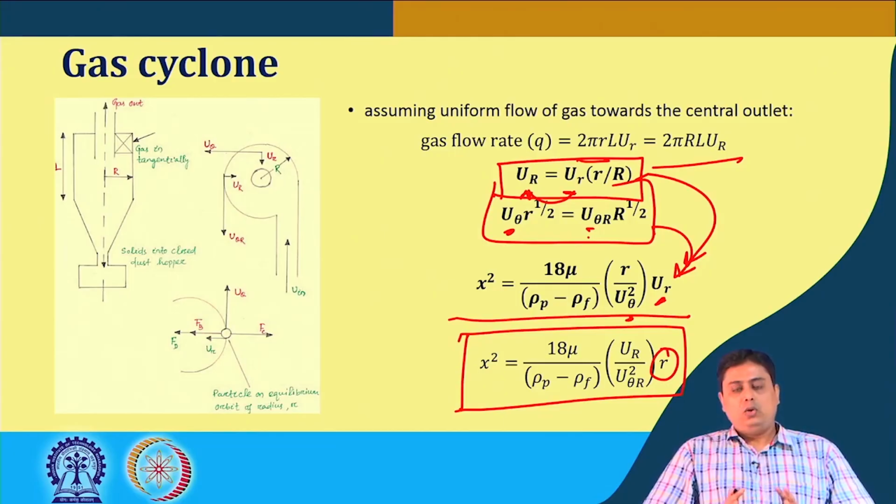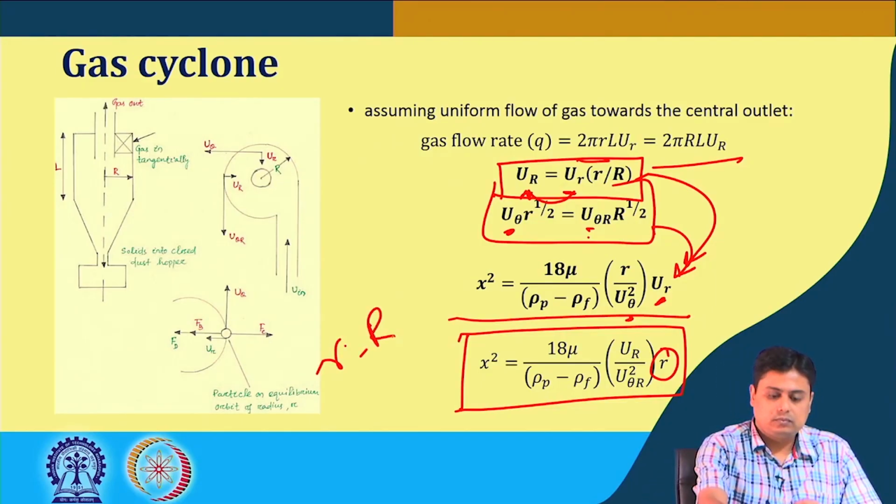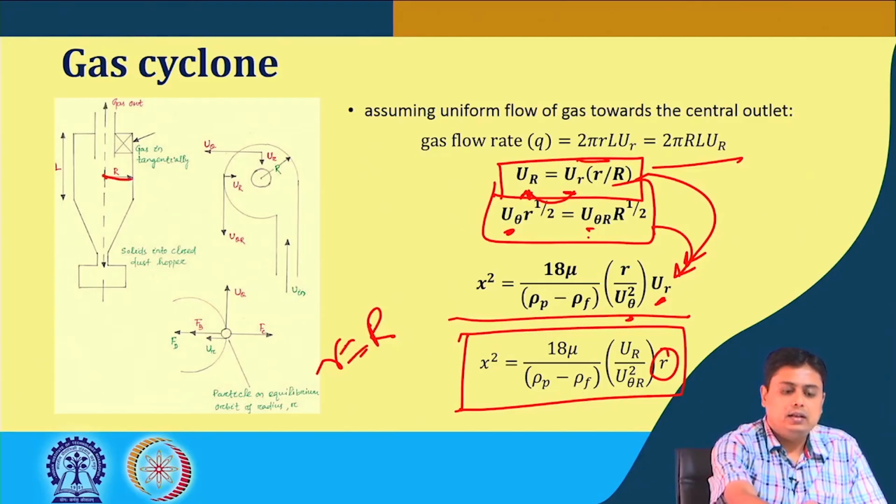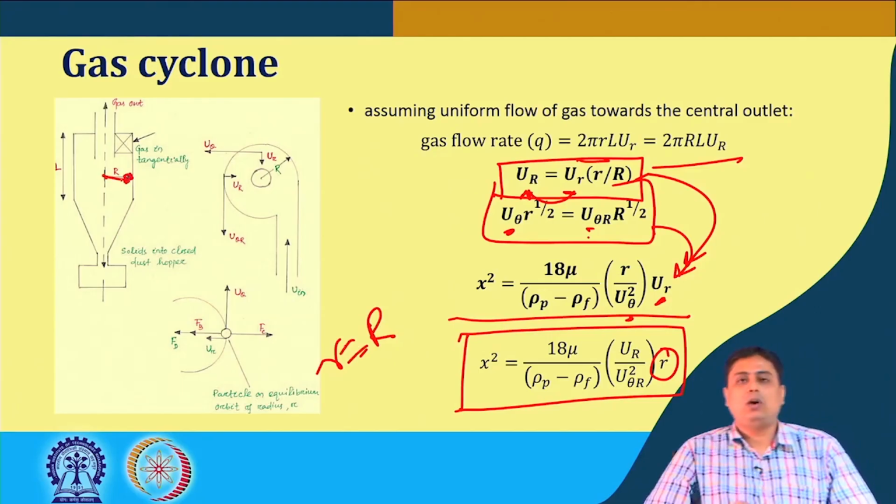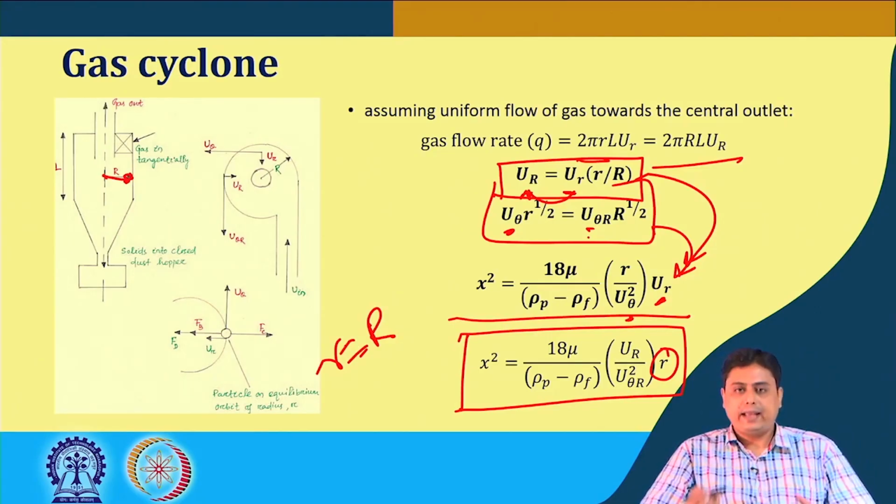Now in order for this size x to be captured in the coarse product outlet, this particle has to collide with, or come to the surface of, this vessel. That means the orbit of its movement, this small r, has to be the capital R, and then it can touch the wall and be captured.